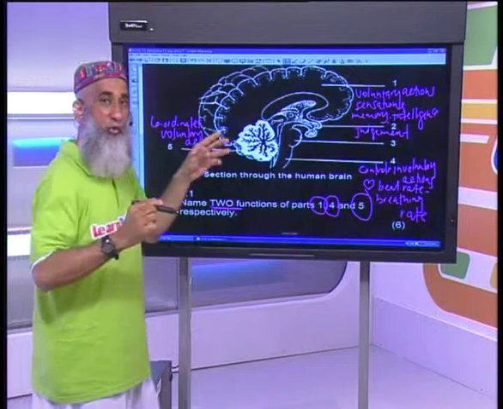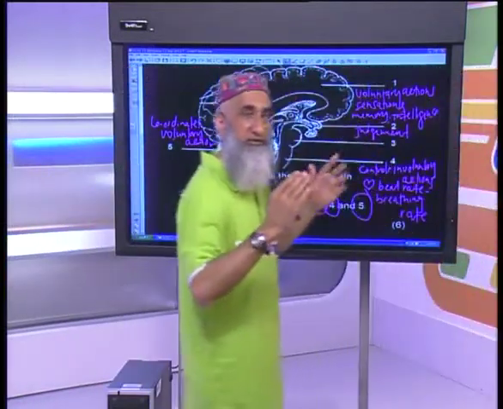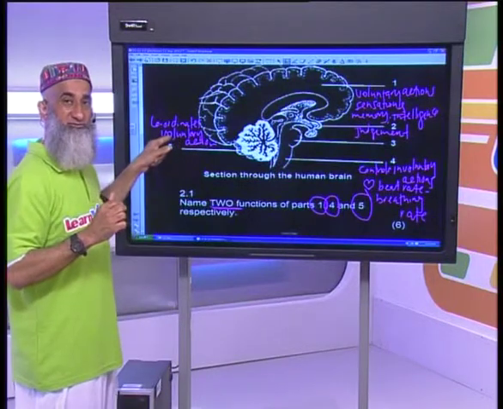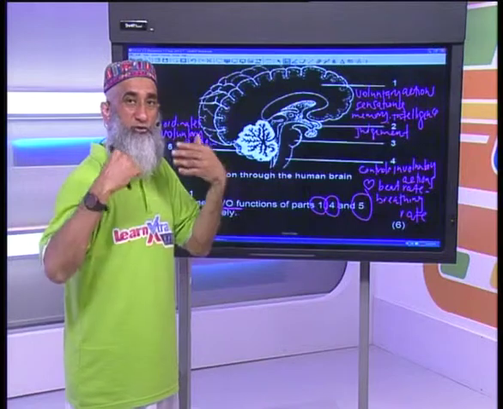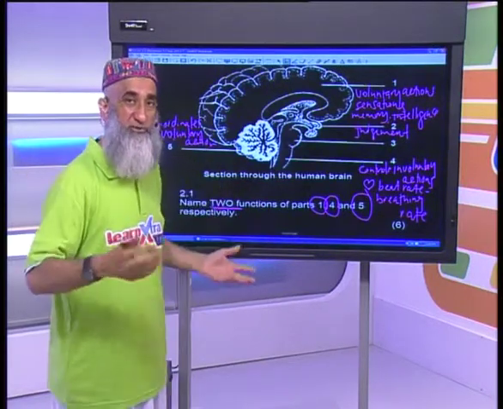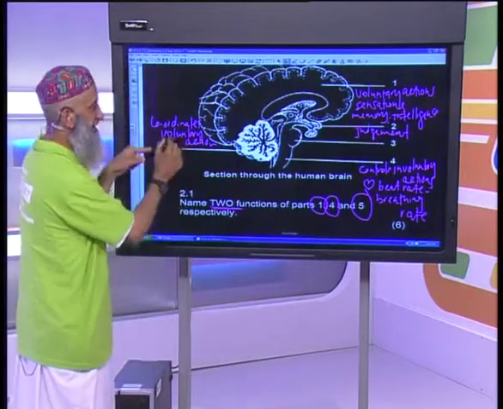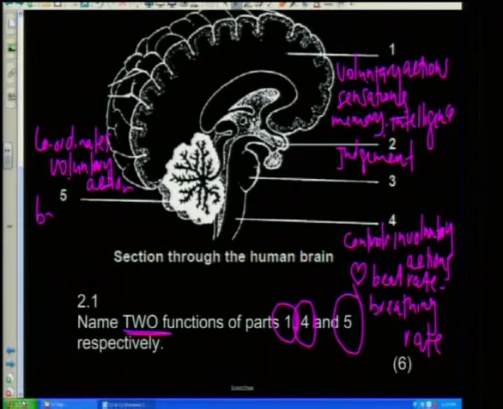The fact that I am walking in a coherent way, coordination is involved. I'm not falling all over the show. When I'm talking coherently, I'm not slurring, I'm not losing my words in between. Coordinating voluntary action. And it also controls balance and equilibrium.